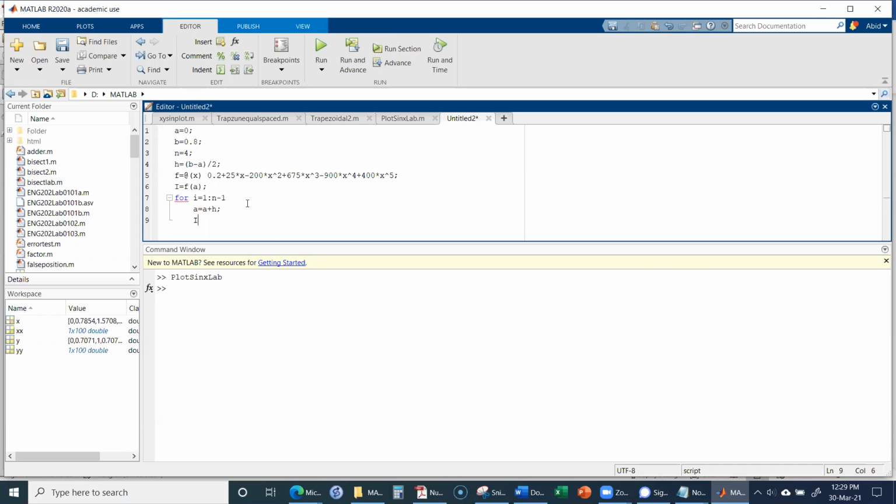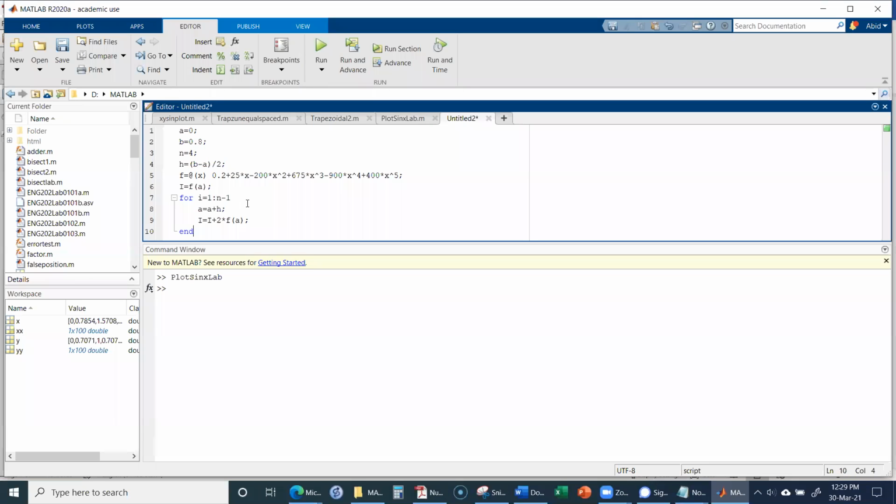The sum of that value will be equal to the previous sum plus the new sum. The new sum will be 2 times f of a, and then I will end it.